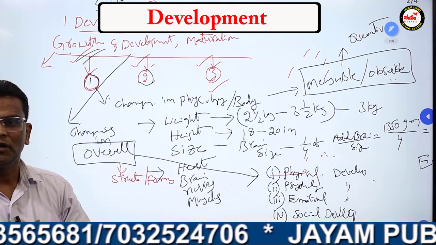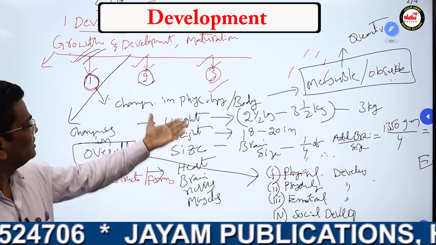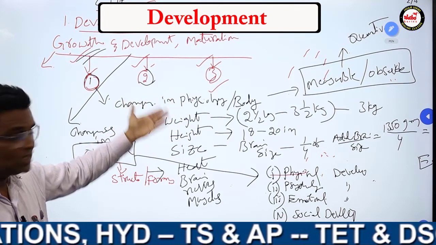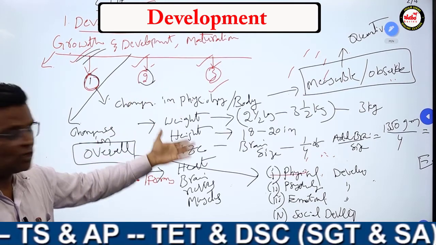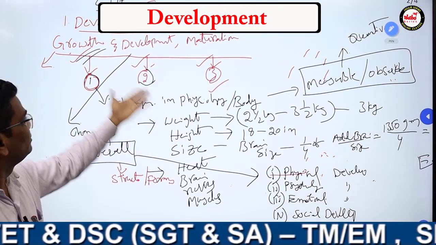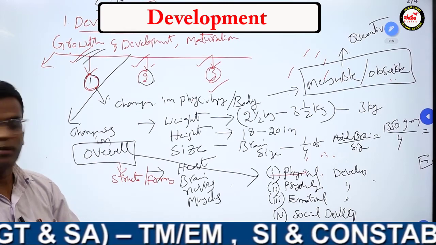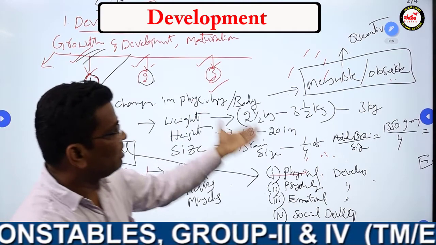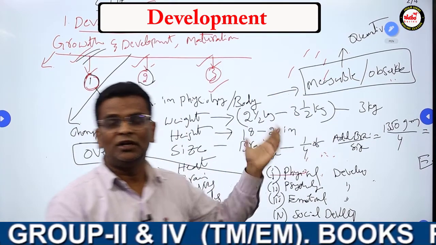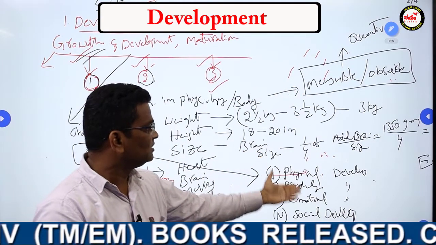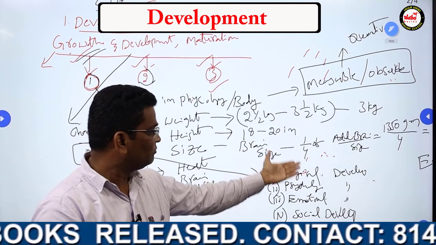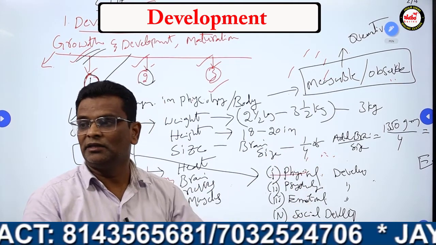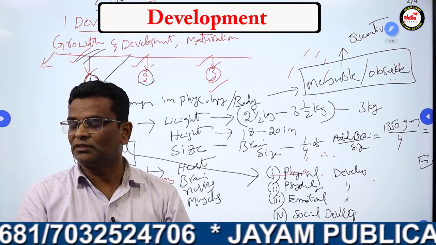Means we can observe and we can measure this growth, but we can't measure this development, because this includes physical, psychological, emotional and social development.